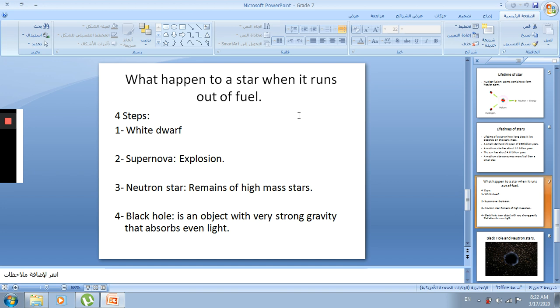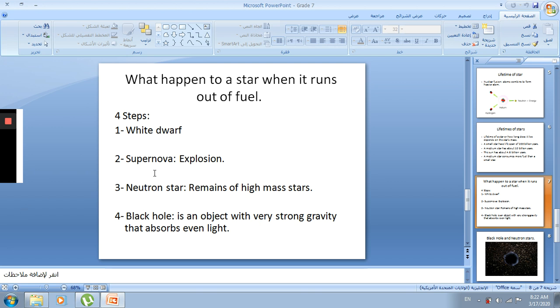Now, let's talk about what happens to a star when it runs out of fuel. You have to memorize these 4 steps in your textbook, page 145. White dwarf: the white dwarf is the blue-white core of the star that is left behind, cools, and becomes a white dwarf.